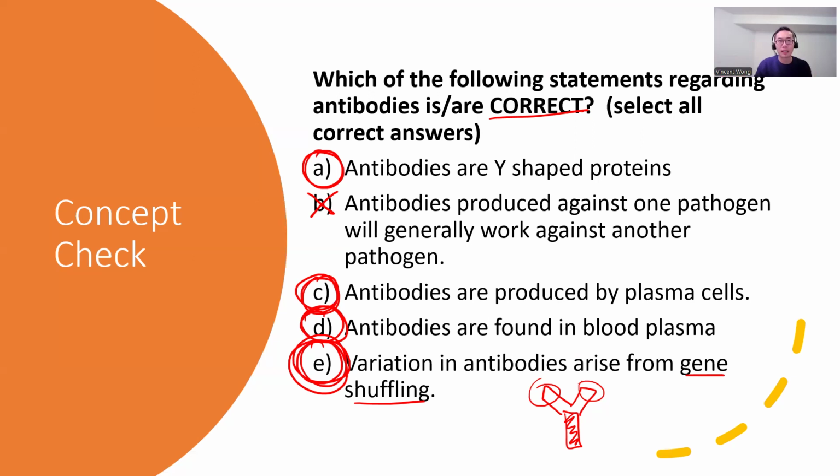And that's what gene shuffling is, right? You take the dedicated genes for making antibodies, you're gonna randomly select exons to use. Okay, you use exons 1, 5, 7, 9, and 10. That's going to give you one antibody. You use exons 2, 7, 10, 11, 20, and 27. Right? That's going to give you another antibody. And by shuffling the genes, you can create literally billions of different combinations to create billions of different antibodies.